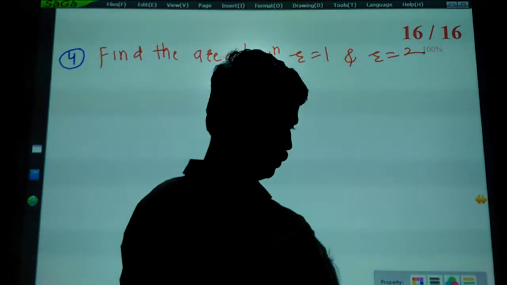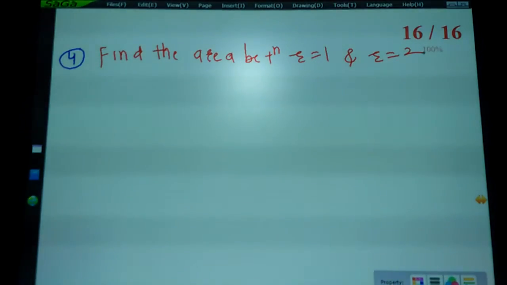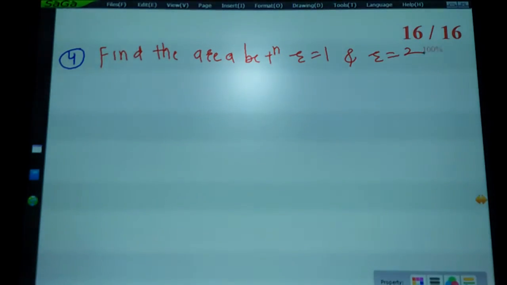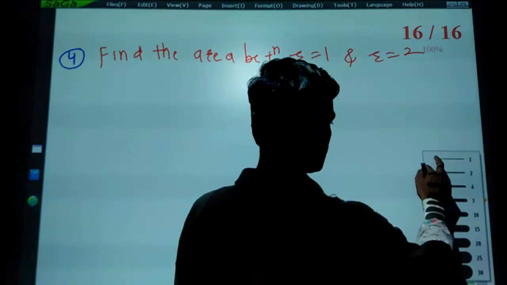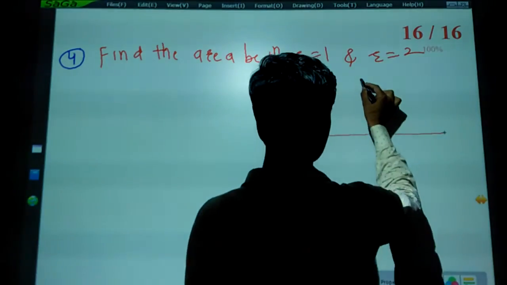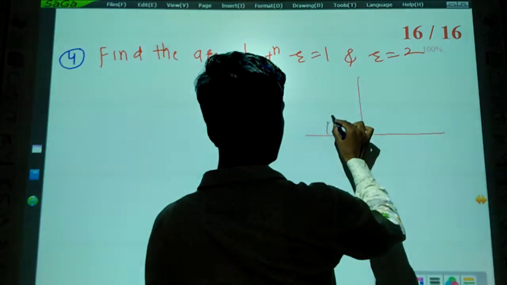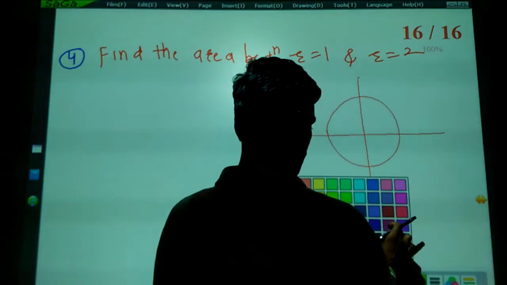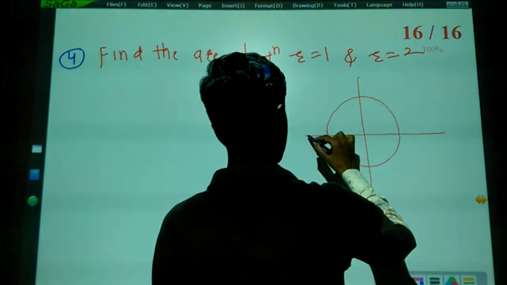So r is equal to 1 means radius is the 1, and r is equal to 2 means again it is also a circle whose radius is 2. So we'll draw a circle whose radius is 1 and next circle whose radius is 2.